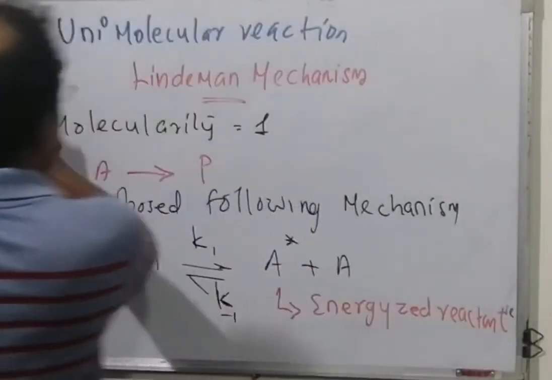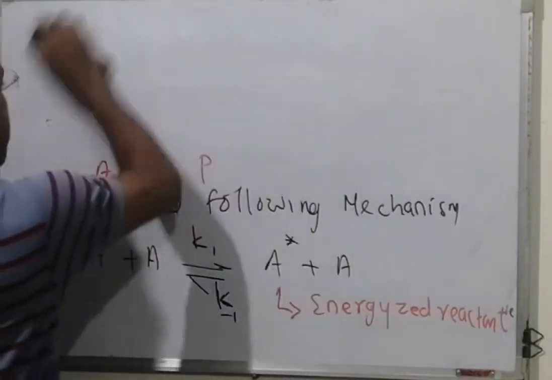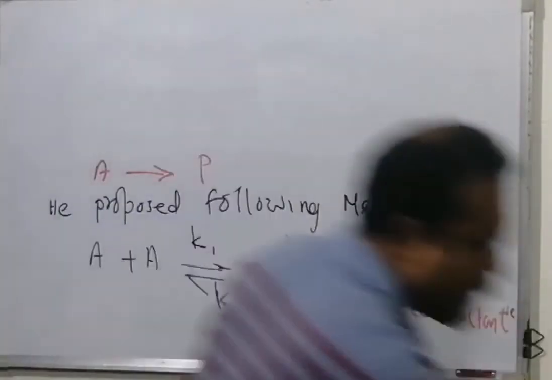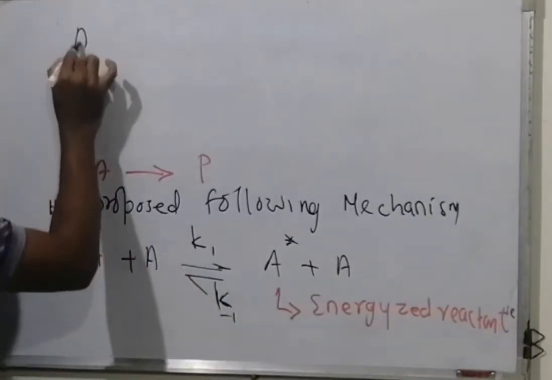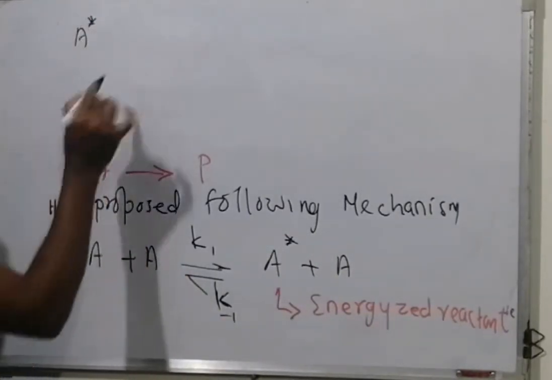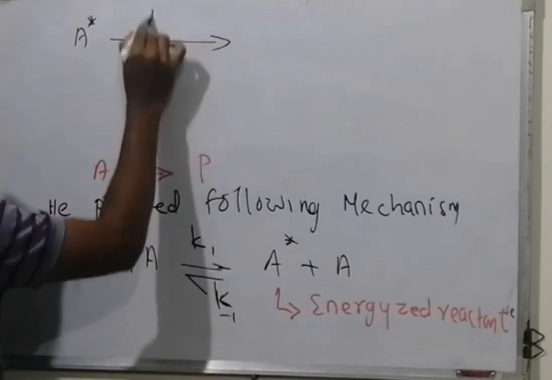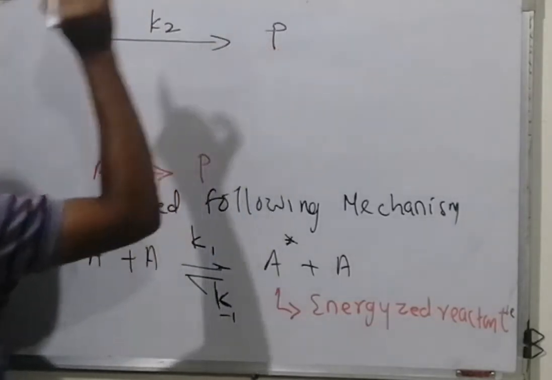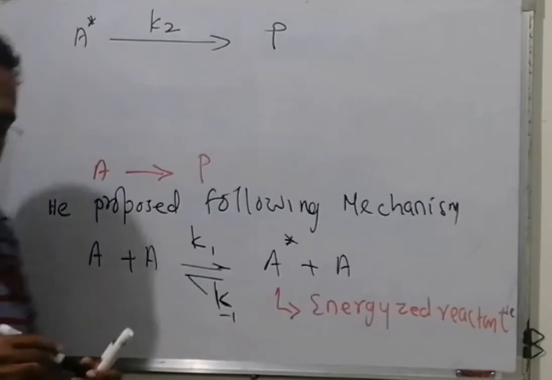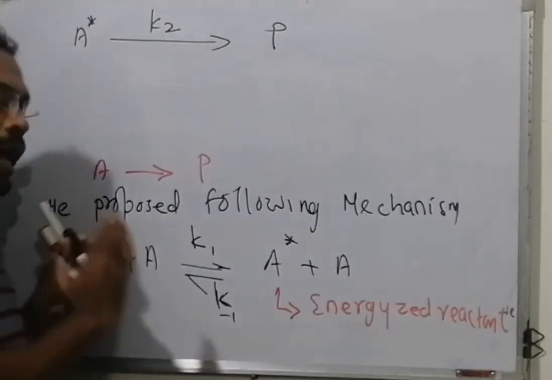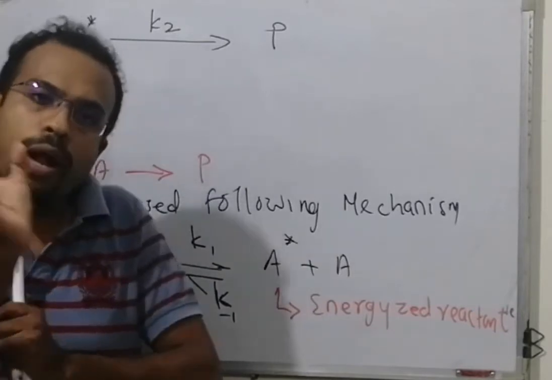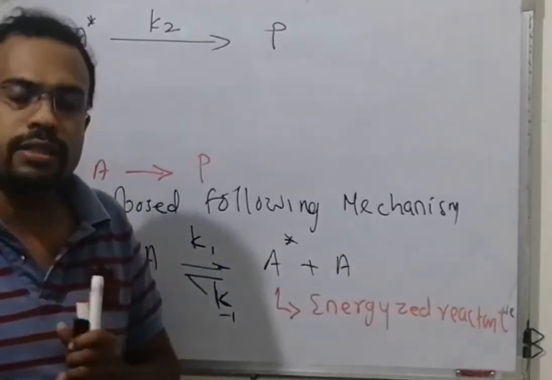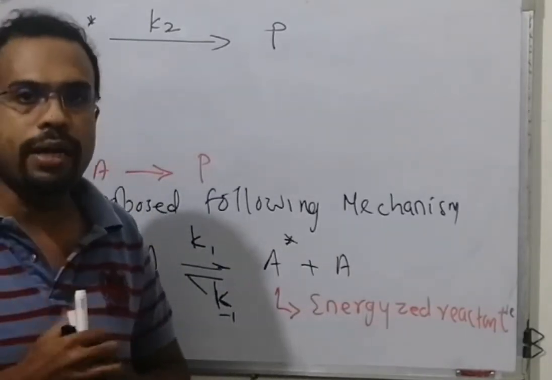Now he also says only A star, with K2, gives product. A collides with another A, but only one A is energized. The second A remains as such.